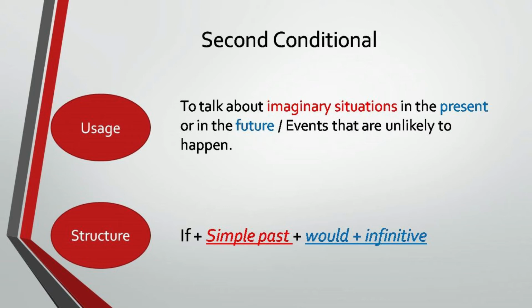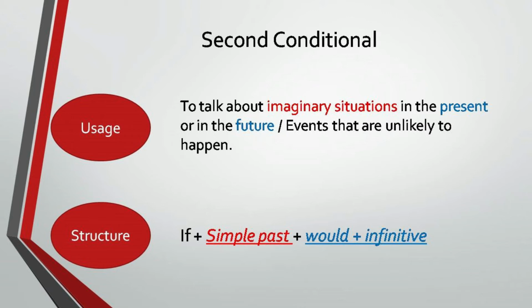If you consider the structure, we can form the if clause by using the word if plus simple past. For the main clause, we use the word would plus infinitive. You can see the difference between the first conditional and the second conditional.